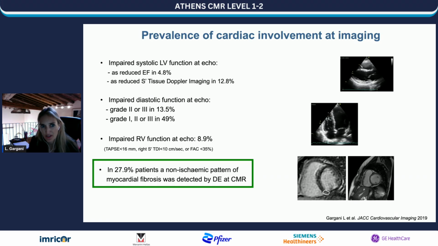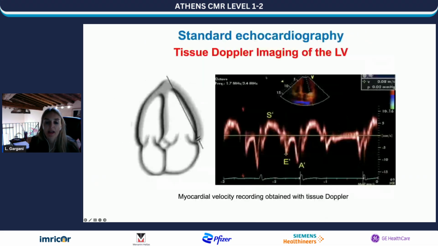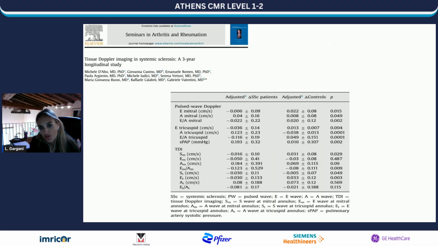And this parameter cannot be ejection fraction. Otherwise, you would have the false information that the prevalence of LV dysfunction is very, very low in these patients. We have seen that tissue Doppler can be somehow a more sensitive tool to address the systolic function of the LV. And this is true, although there are, of course, some limitations.